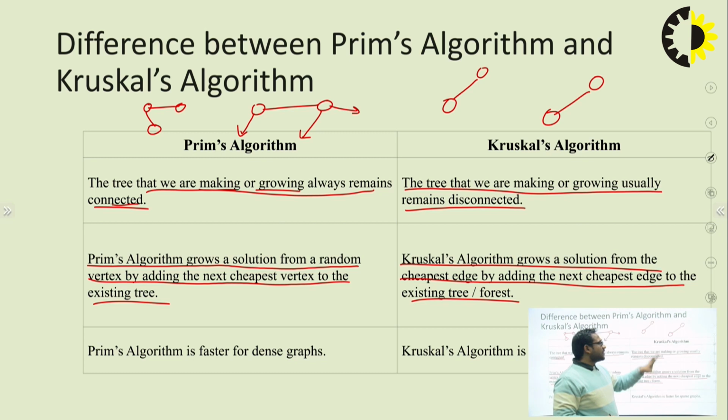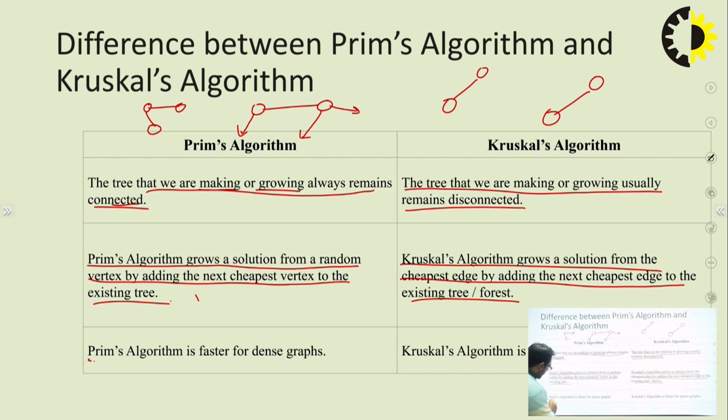And it is not necessary to connect these two edges or these two graphs to each other, right? So simply you can choose Prim's when you want to create a tree in a connected way, or you can choose Kruskal's if you want to create a tree in a disconnected way, okay?